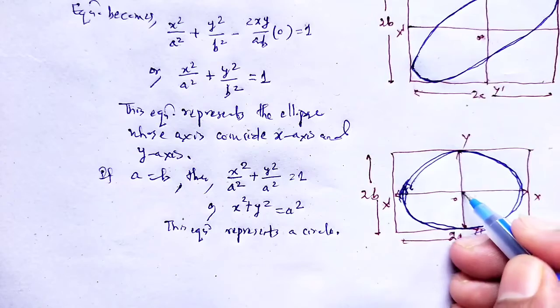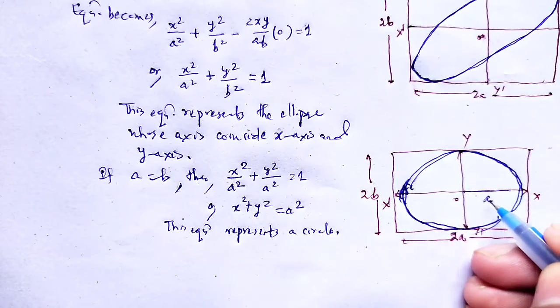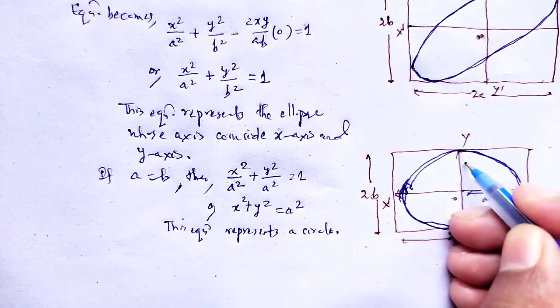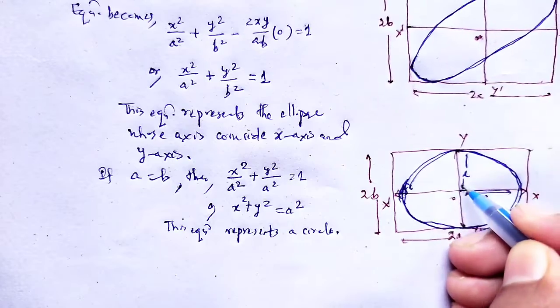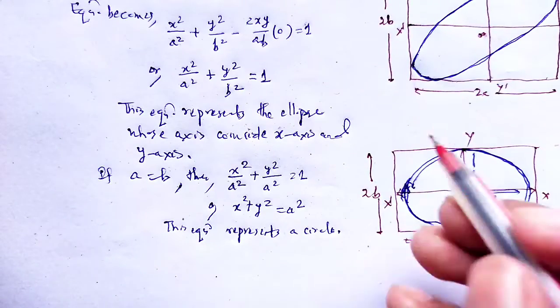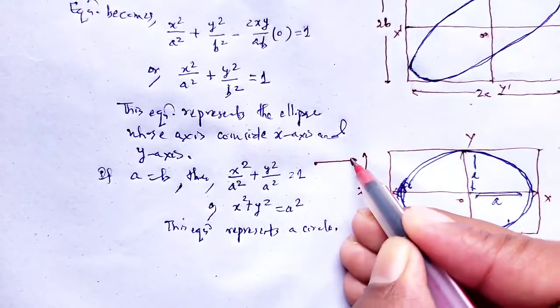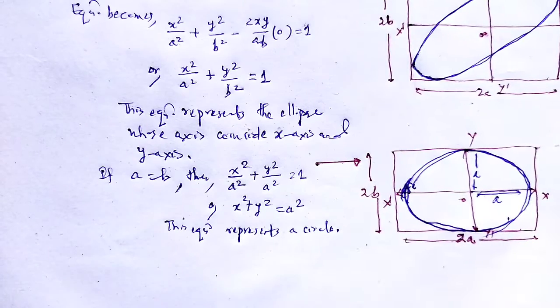It is a circle, and that portion is a, and that portion is also a, since a is equal to b. That will be the figure.